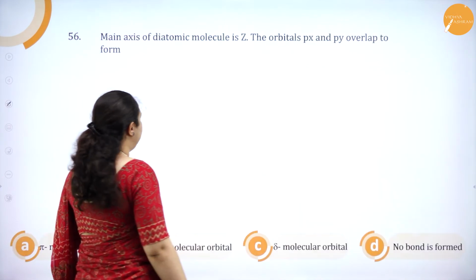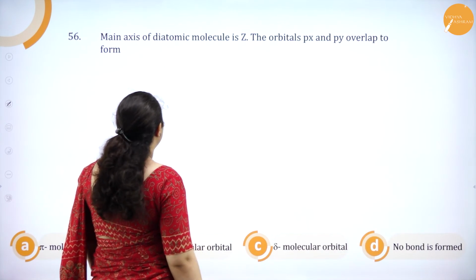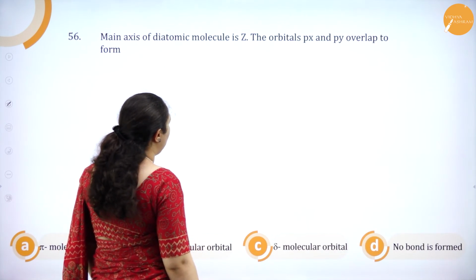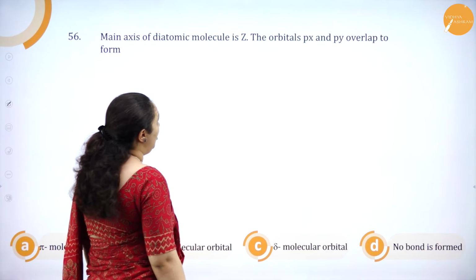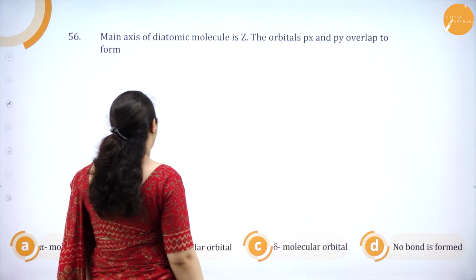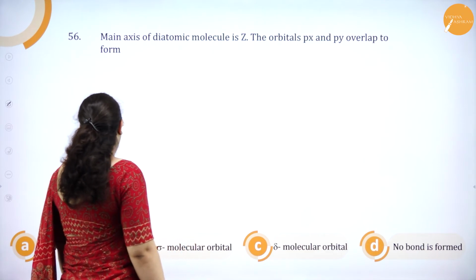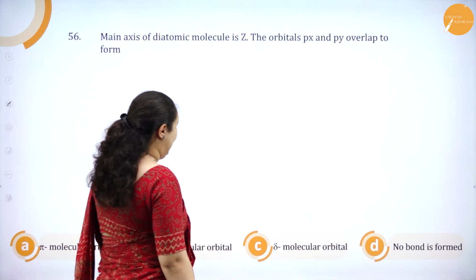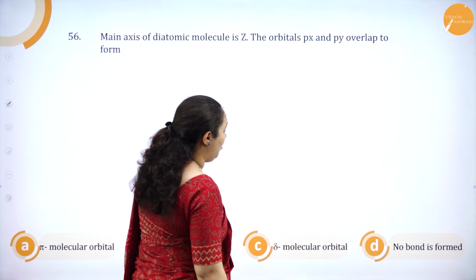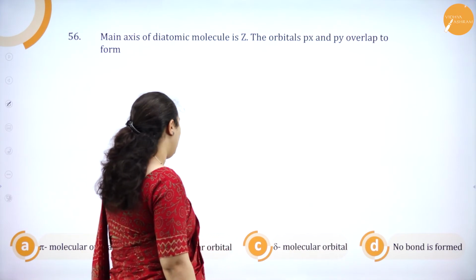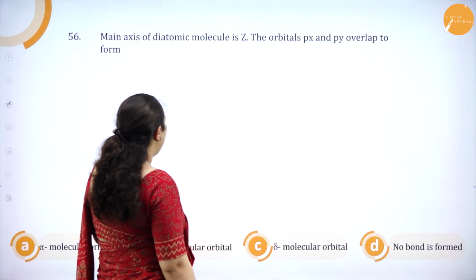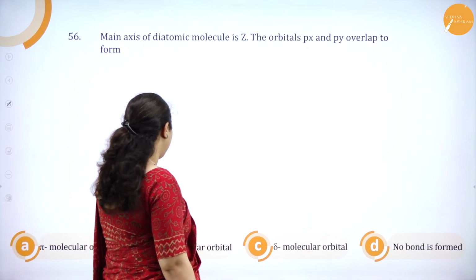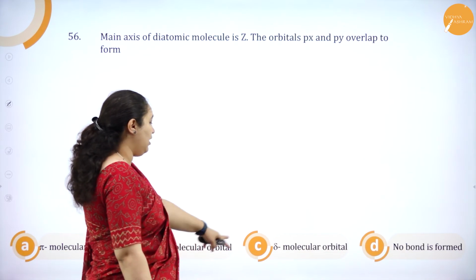Next question. Main axis of diatomic molecule is Z. The orbitals px and py overlap to form pi molecular orbitals, sigma molecular orbital, delta molecular orbital, or no bond is formed. See, main axis is Z, so it cannot be sigma or delta.